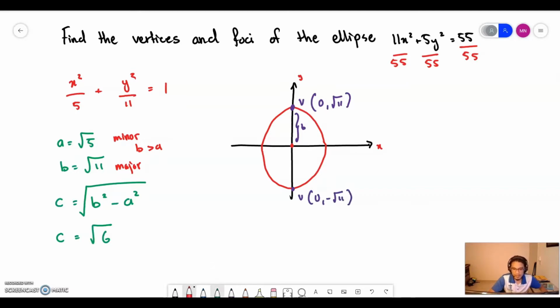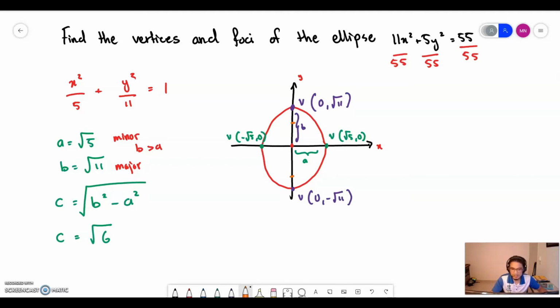Alright, and the vertex at minor axis depends on the length of a, and a is square root of 5, so that will be square root of 5, 0, and on the left side, it will be negative square root of 5, 0. Alright, so that is the position of our vertices. And then now let's determine the position of focus. So this will be the focus.